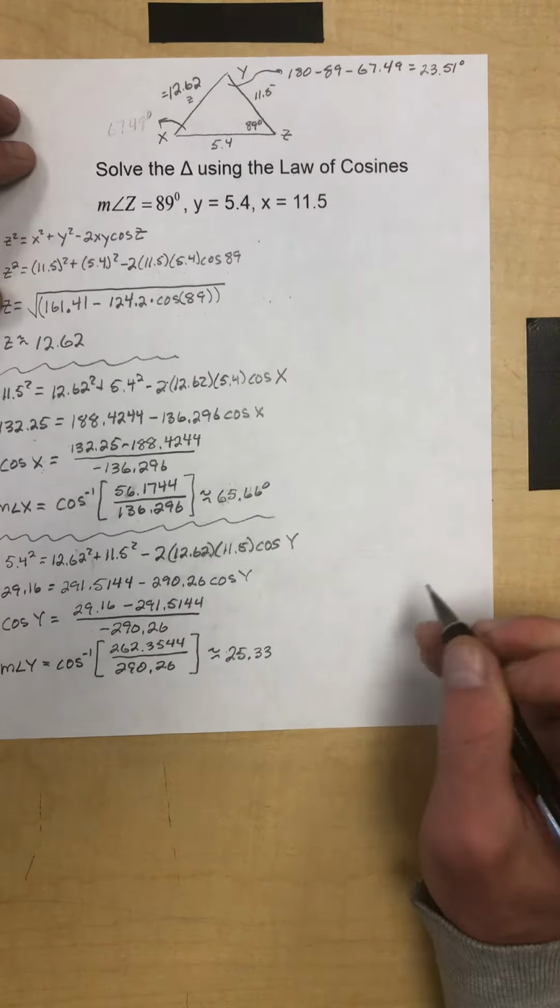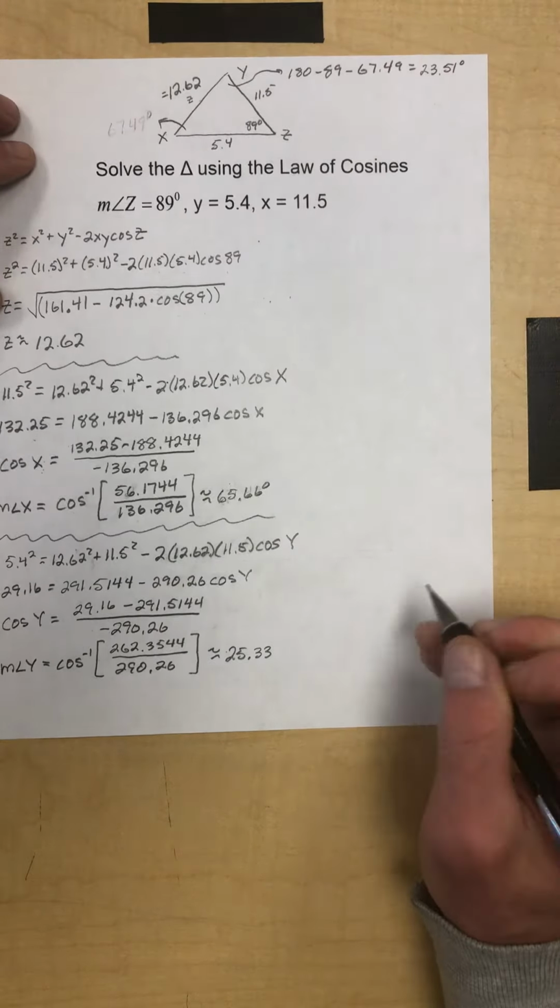And let's see, is this the correct answer? I don't know. Okay, that's why we're checking it. So 180 minus 89 minus 65.66, and I'm getting 25.34 here.